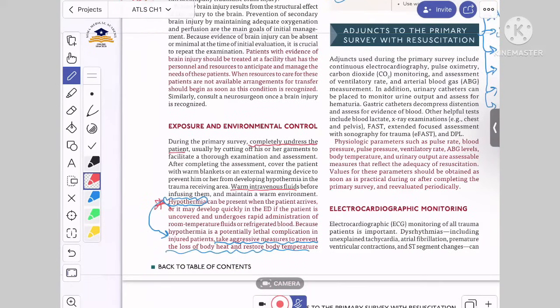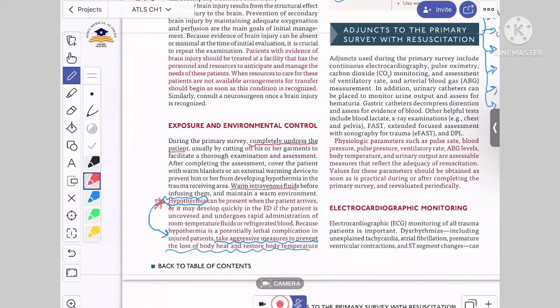Regarding exposure, you have to expose your patient totally so you don't miss any injury. Also during exposure, remember that hypothermia is very common in a traumatized patient. So please control hypothermia in those patients. How?